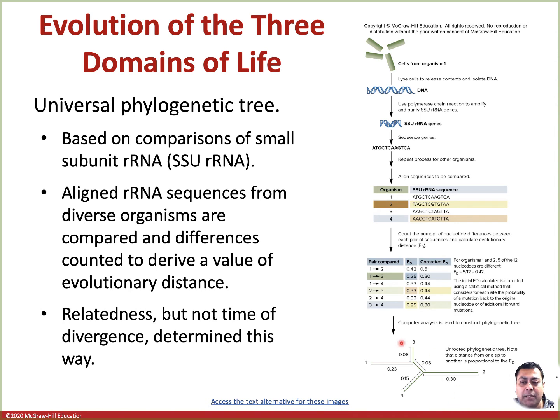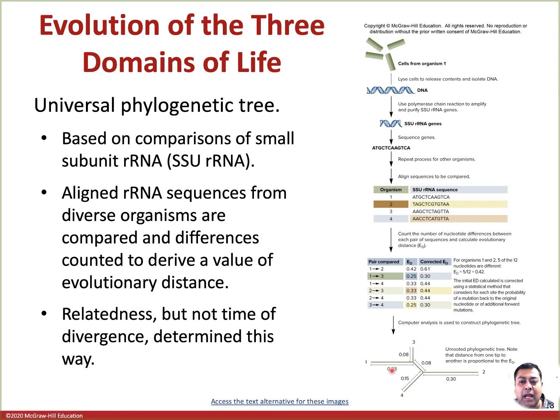And if we put it in the phylogenetic tree, you can see that from 1, we have the relatedness with 3. So we have this distance from here, then a smaller distance from here. And you can see 4 and 2, they are computed out with different evolutionary distances. So between 1 and 3, it is 0.23 and 0.08.